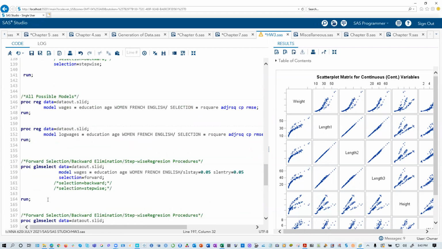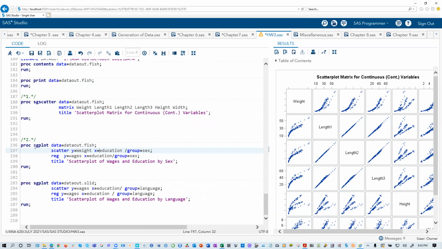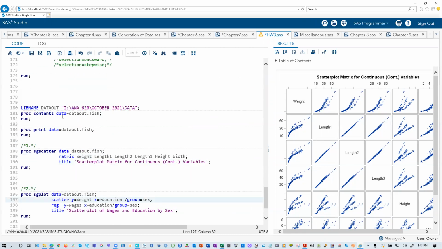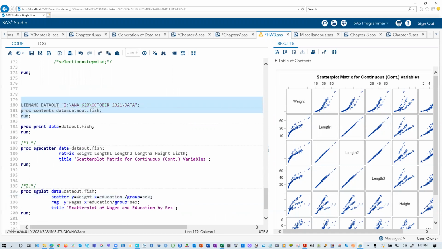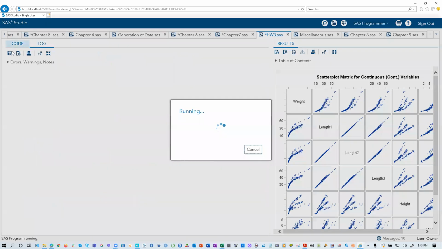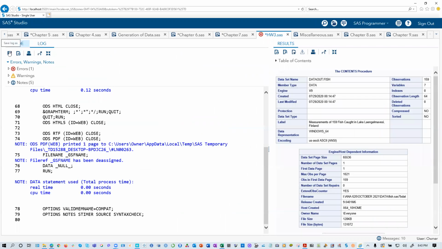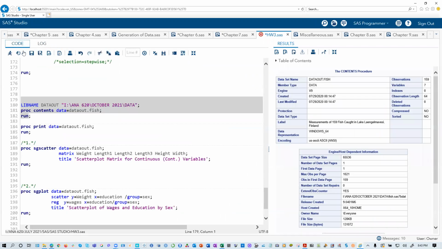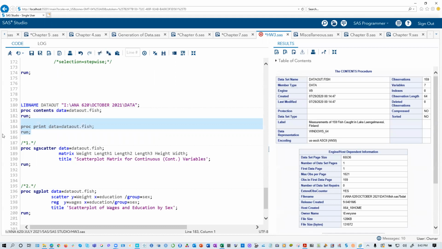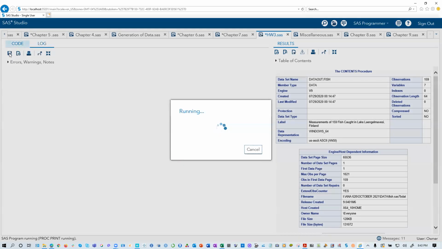I was trying to do that one, because I got the fish data, pretty much the same way we did for the slid data. Then you don't have to do both of them, just one of them.